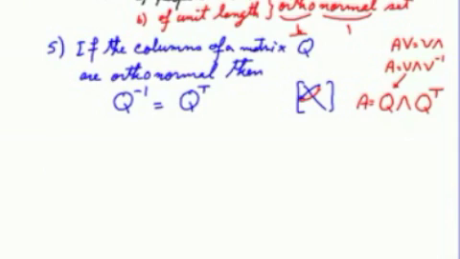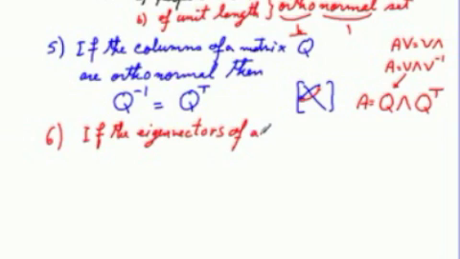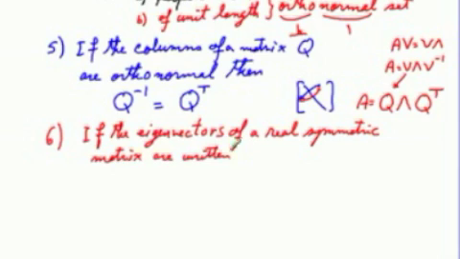So let me separate good news number 6 as the following. If the eigenvectors of a real symmetric matrix are written, now it's a peculiar terminology here, that matrix is referred to as an orthogonal matrix, but let me not even write that down.